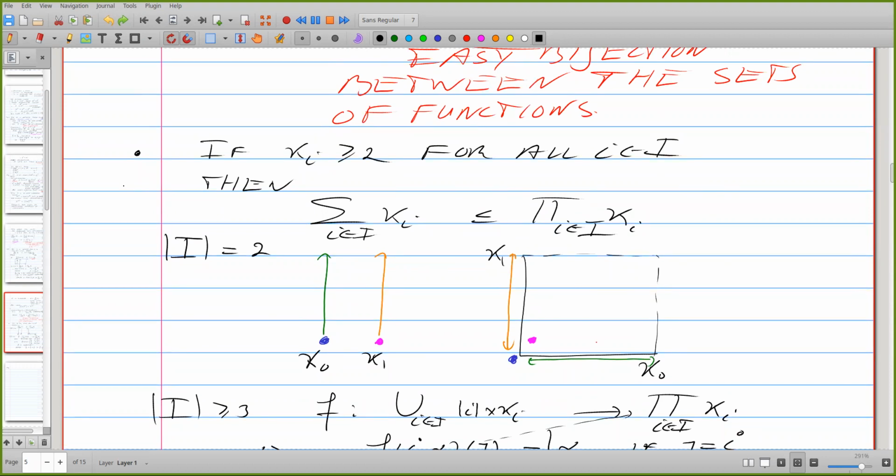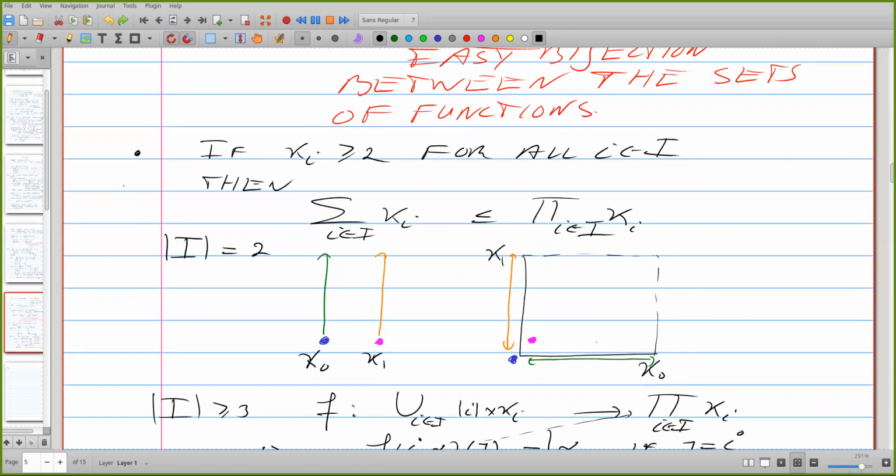Even with a few 1s and a few 2s, I can arrange it so that the sum is bigger than the product. If I have 2 2s and 10 1s, then I can still get the product equal to 4, but the sum is equal to at least 10.